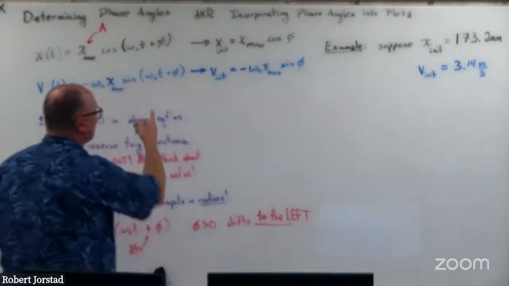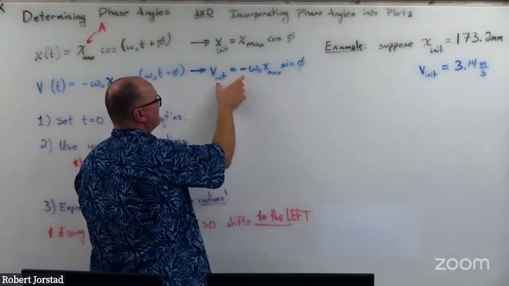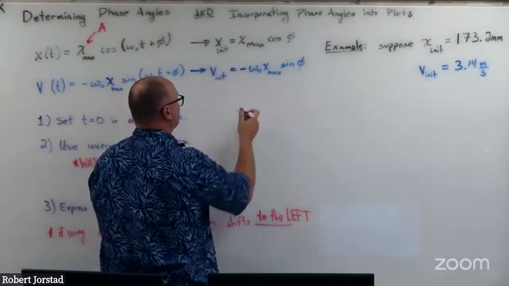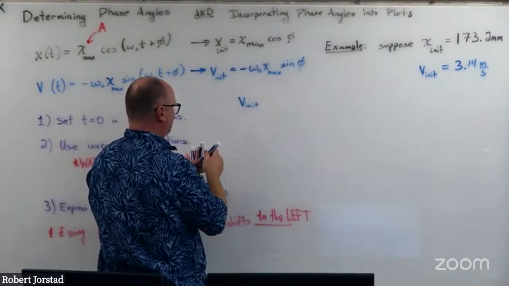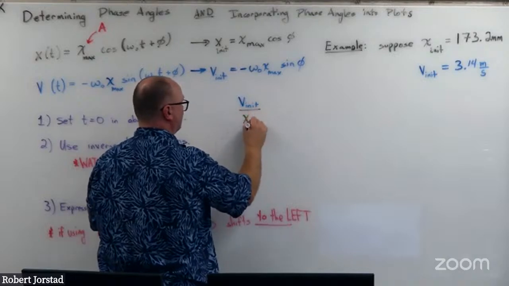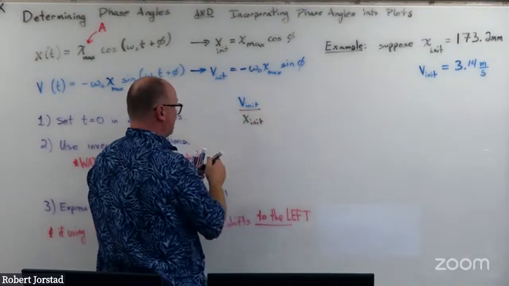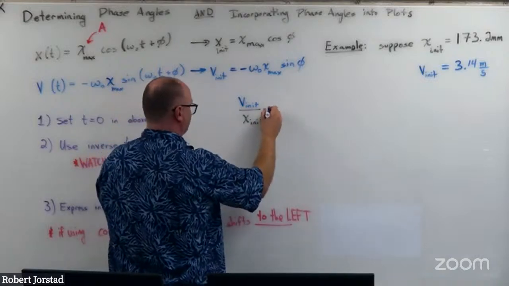So let's see what I can do here. I'm going to take a ratio, V initial over X initial, and then do the same thing over here. Oops.